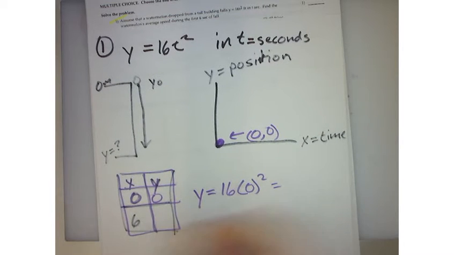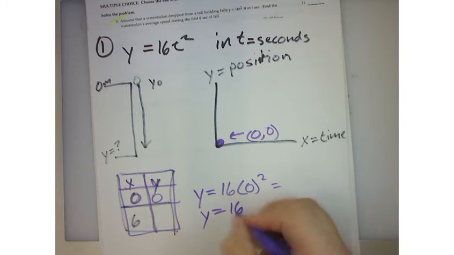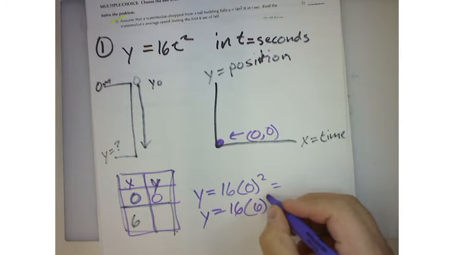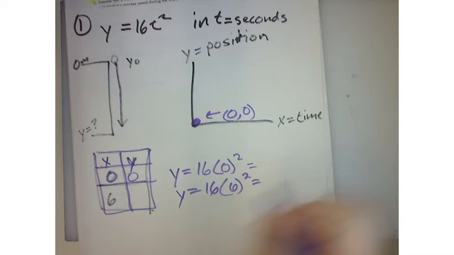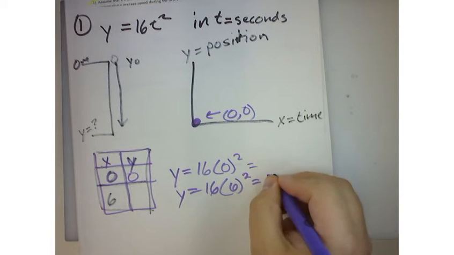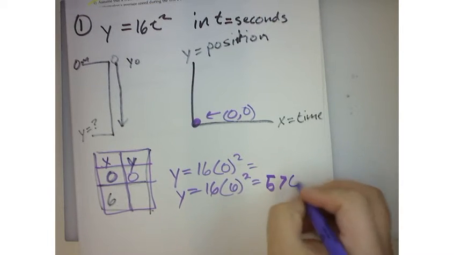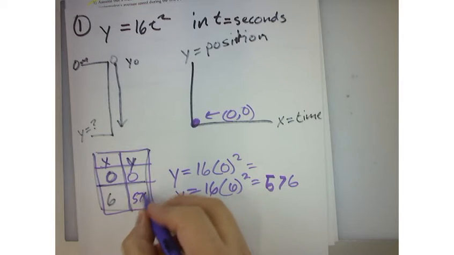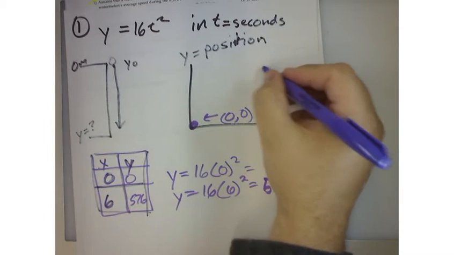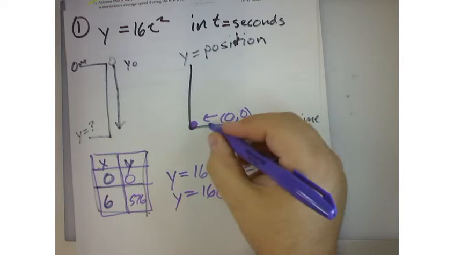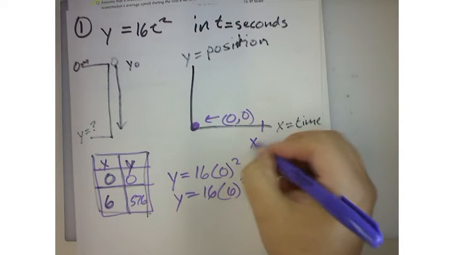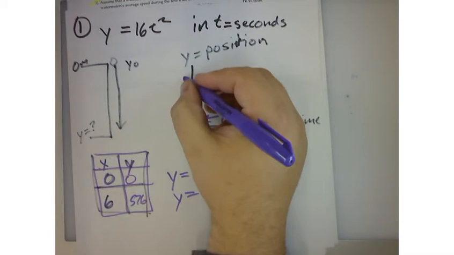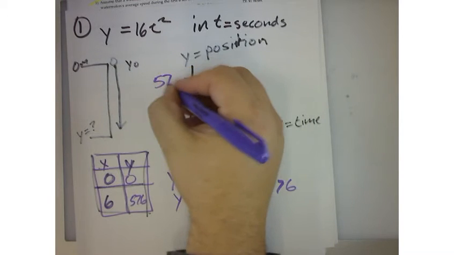And then if I plug in 6, what's 36 times 6? Somebody's got it. 576. So in 6 seconds, this thing has traveled 576 feet. So if I go here, when x equals 6, my y value equals 576.